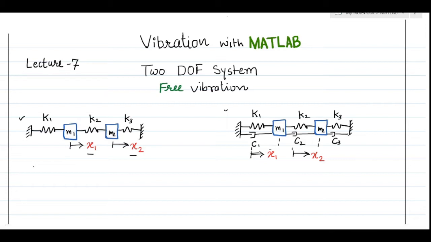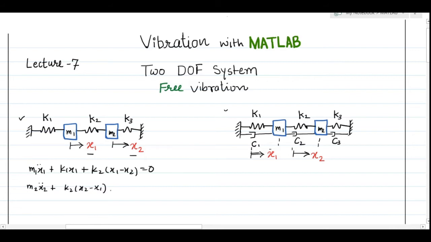I am going to write the equation for the first mass, that will be m1 x1 double dot plus k1 x1 plus k2 (x1 minus x2) is equal to 0. Similarly, for the second mass, my equation of motion will become m2 x2 double dot plus k2 (x2 minus x1) plus k3 x2 is equal to 0.